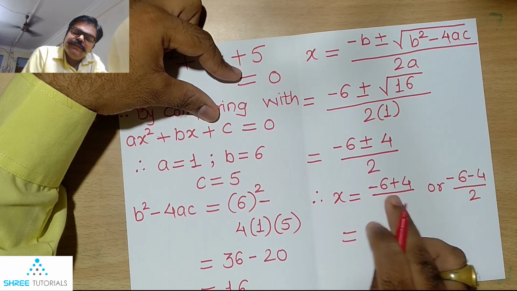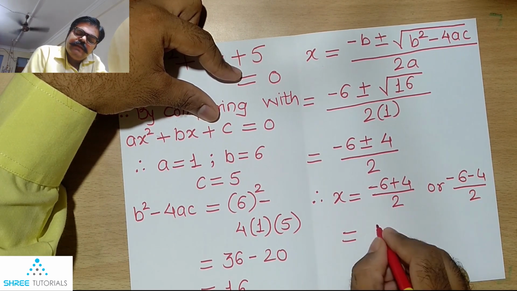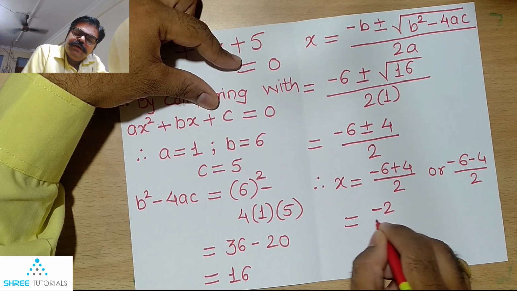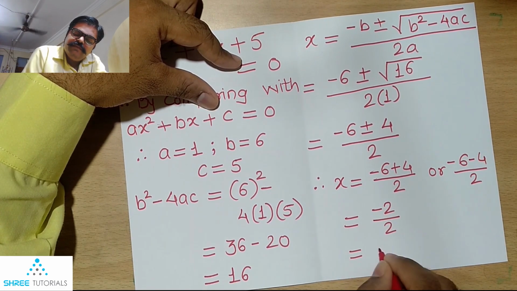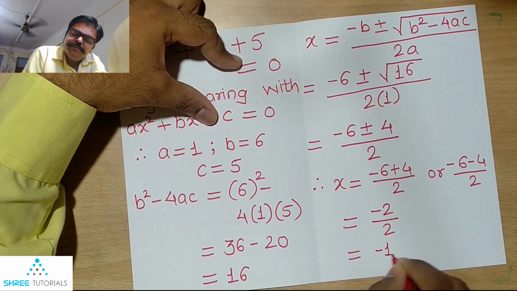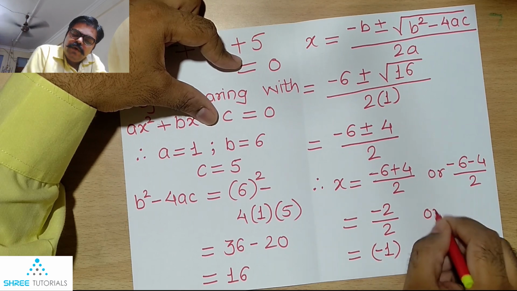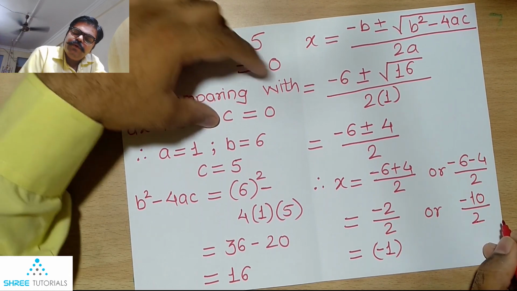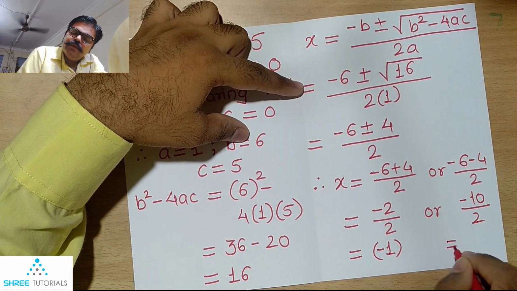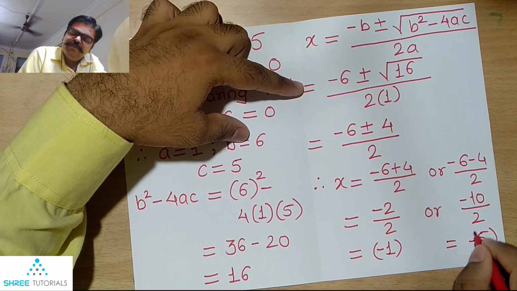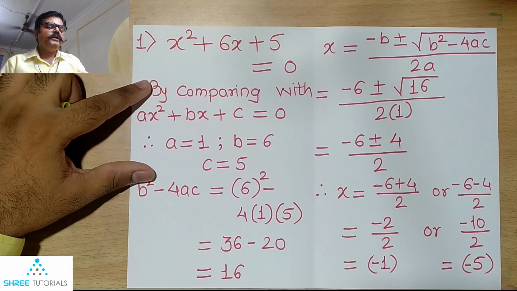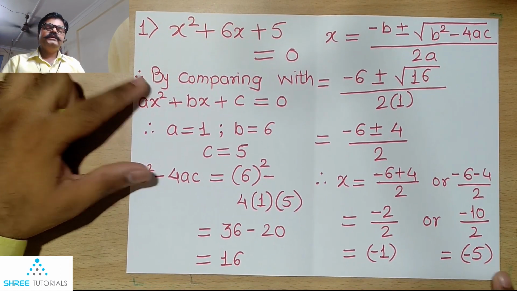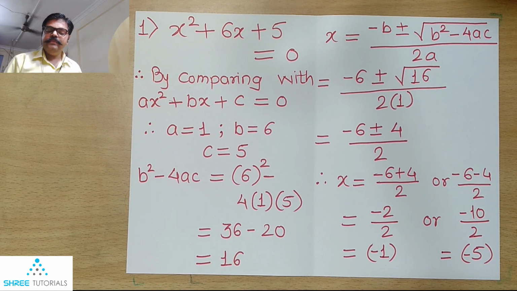Therefore this will be minus 6 plus 4, that will be minus 2 divided by 2, which will give us minus 1, or else x's value can be minus 10 divided by 2, which will give us x's value could be minus 5. Now what exactly we can conclude, that is the root of the equation can be either minus 1 or minus 5.